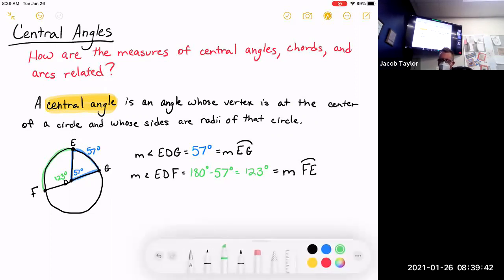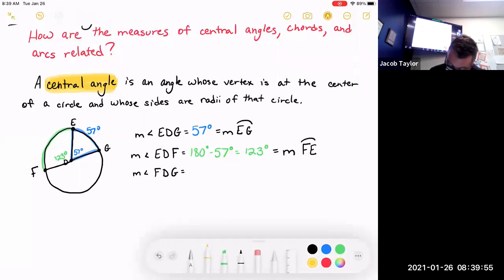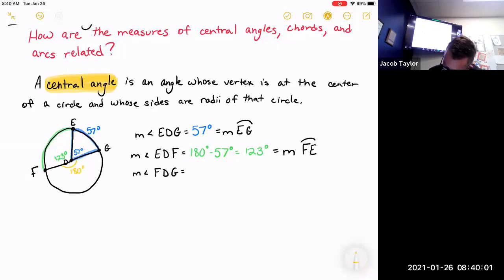There is one more central angle here. What is it? FDG. Again, making the assumption that FG is a diameter, what is the measure of angle FDG? 180. Which means it is equivalent to the measure of arc FG.